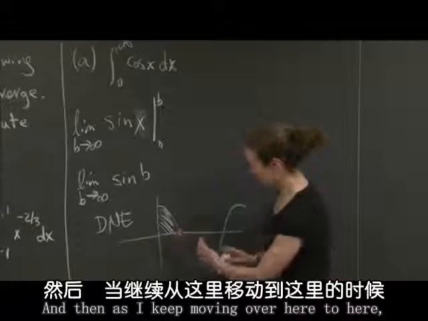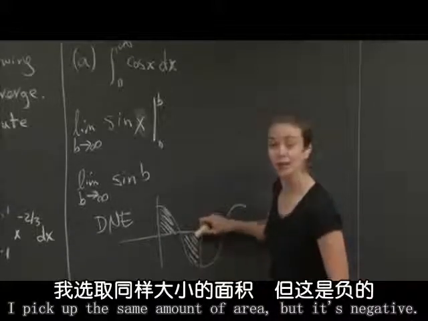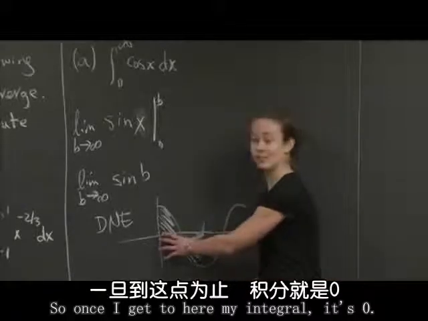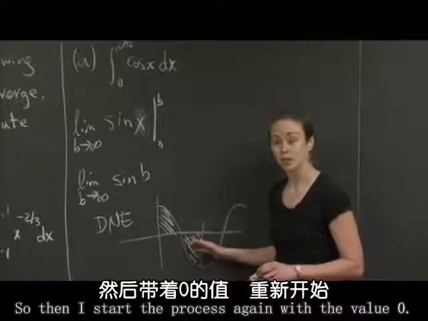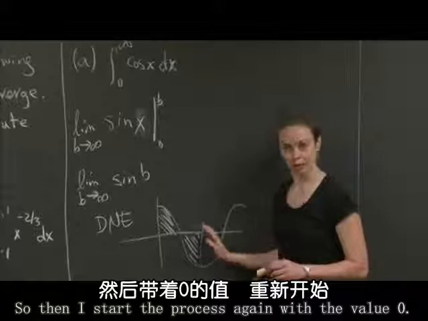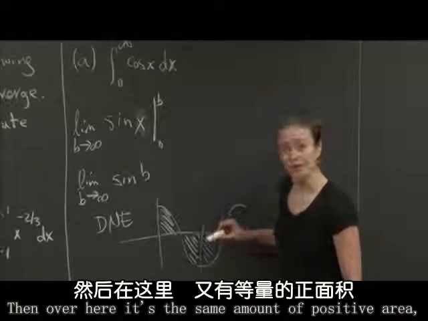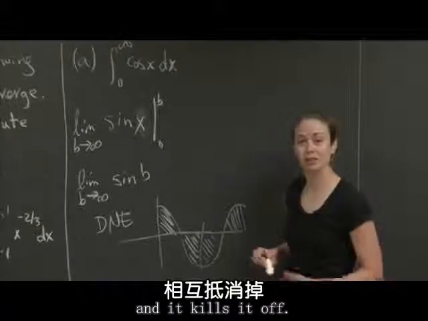And then as I keep moving over here to here, I pick up the same amount of area, but it's negative. So once I get to here, my integral is 0, right? The area above and the area below are equal. So then I start the process again with the value 0. And so I accumulate some negative area. And then over here, it's the same amount of positive area, and it kills it off.